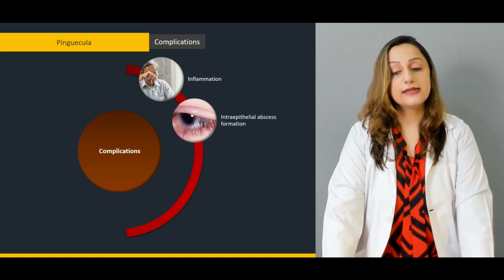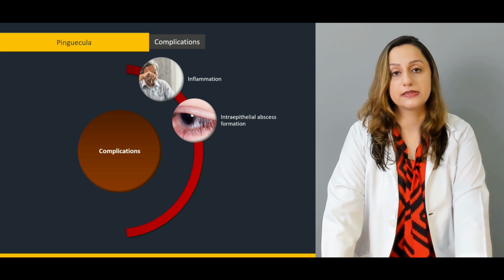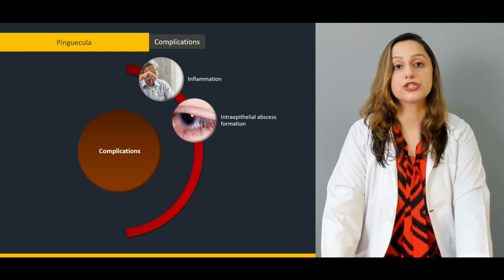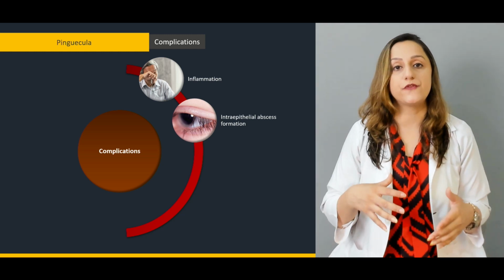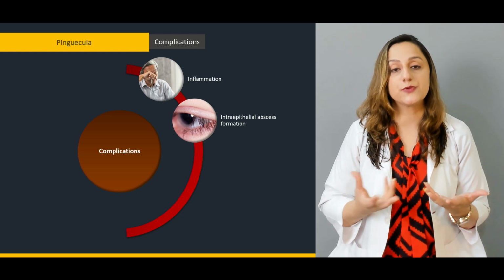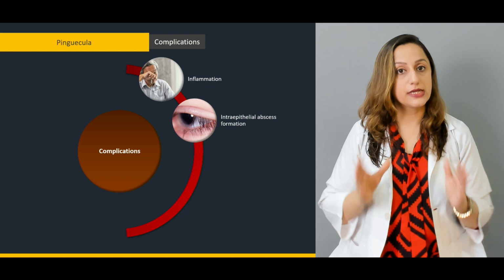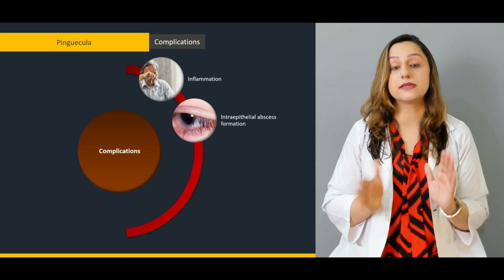Then obviously the formation of intraepithelial abscesses is also very important. And then the superimposed infections, the pus discharge, the mucopurulent picture that is quite typical for bacterial conjunctivitis, is going to complicate the situation.